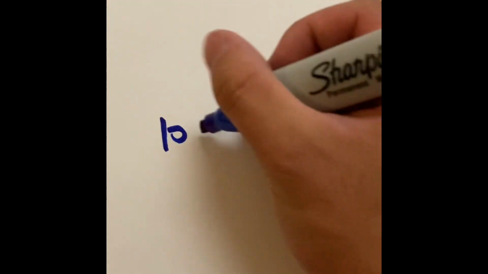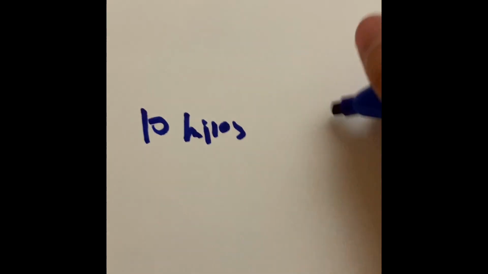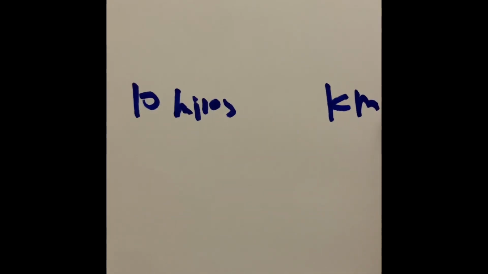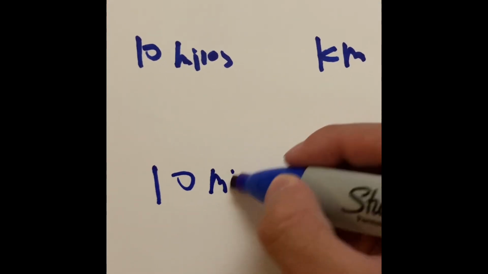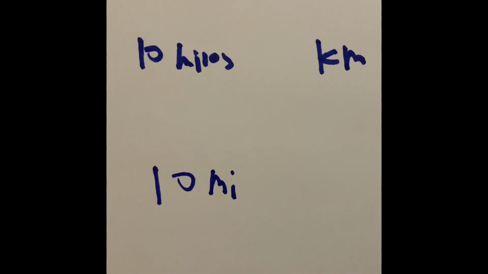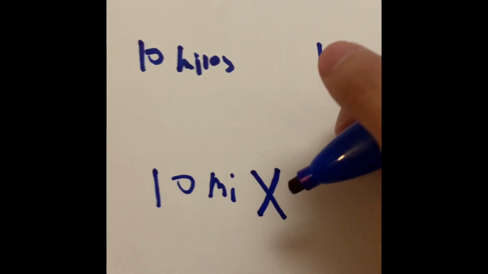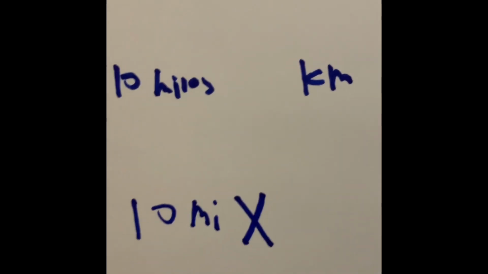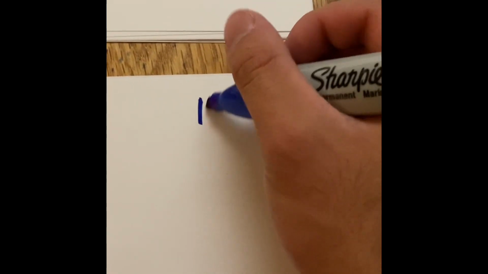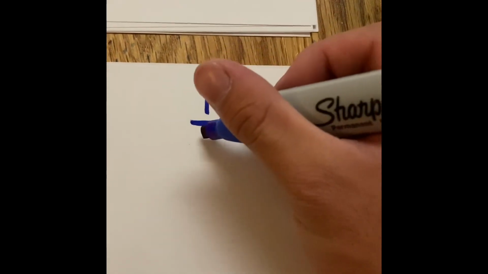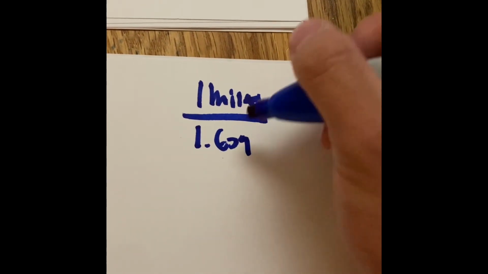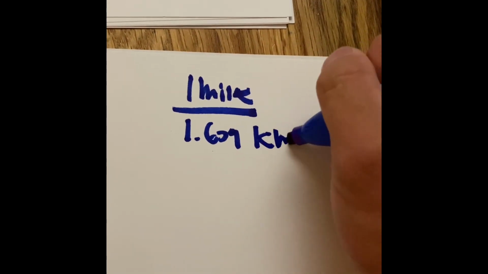So let's say we want to convert 10 miles to kilometers. What we have to do is put 10 miles right here, because that is what we're given. We have to multiply by a conversion factor. So we can say 1 mile equals 1.609 kilometers.